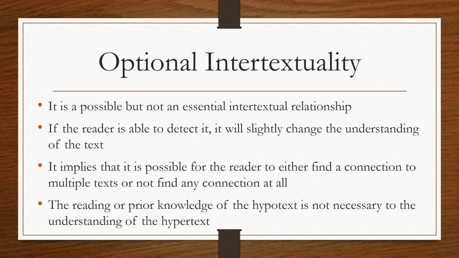If the reader is able to detect it, then it would only slightly affect or change the understanding of the text. But this kind of intertextual connection is not at all indispensable to the understanding of a text, and that is why it is considered optional.